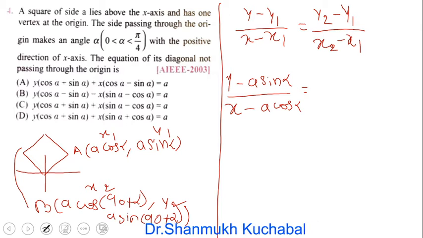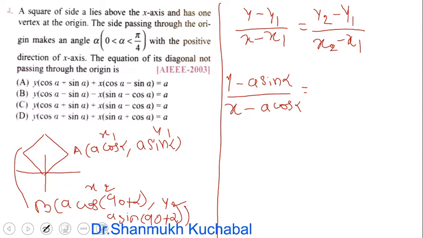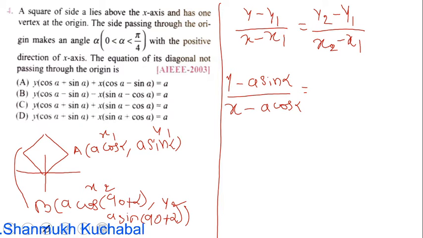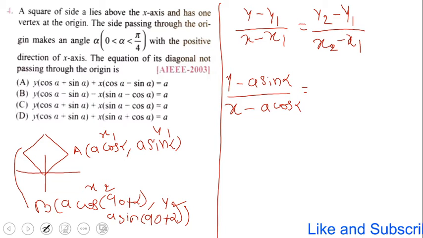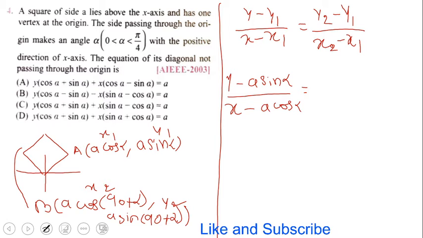Next y2 minus y1. So we observe that y2 is A sin(90 plus alpha), which will become A cos alpha, right? So that we have to write here.